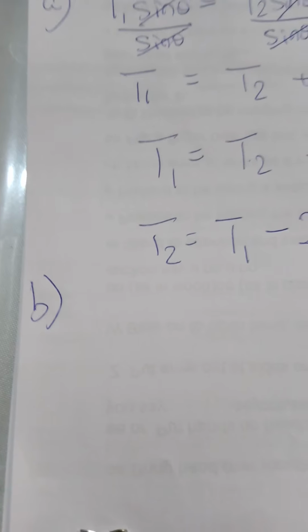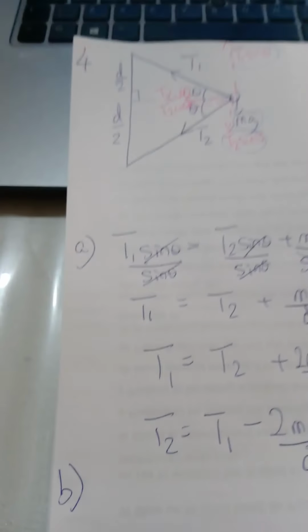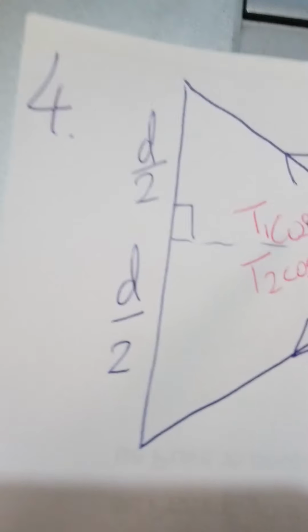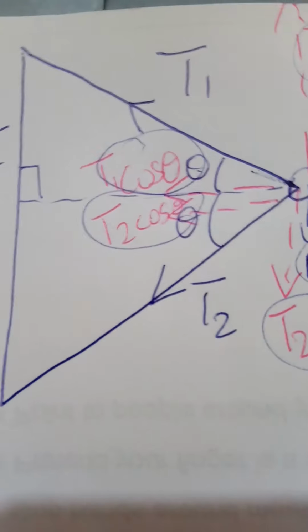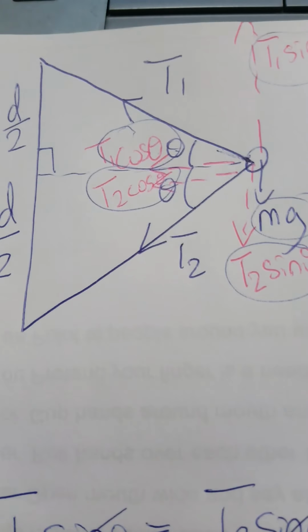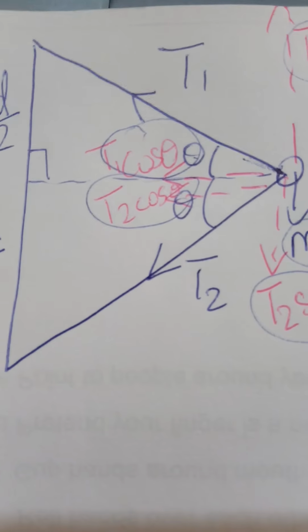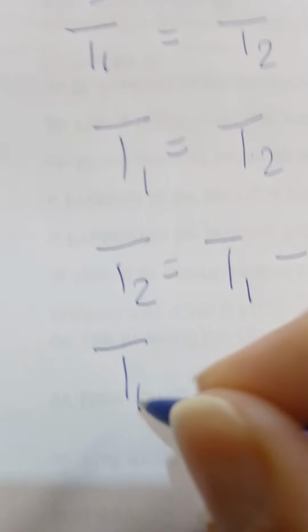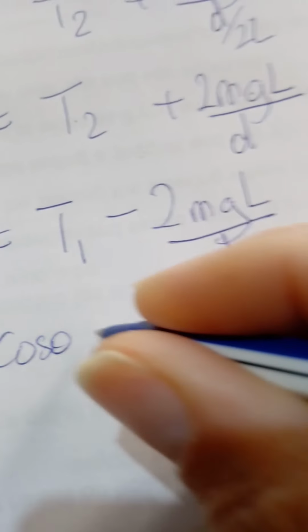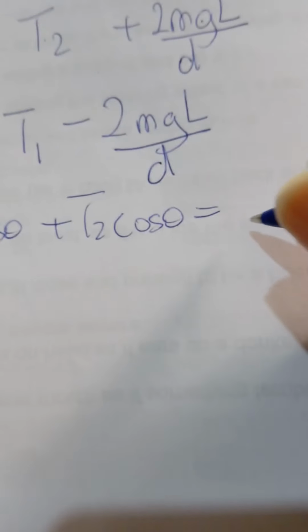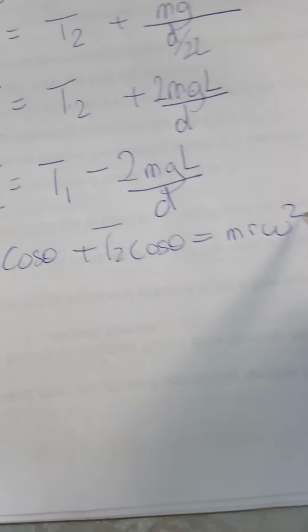For the second part of the problem, we need to get an equation for omega. This time we're going to consider the forces to the center, which are T1 cos theta and T2 cos theta. Since the mass is doing circular motion, those forces are equivalent to the centripetal force. So we can say that T1 cos theta plus T2 cos theta equals m r omega squared.